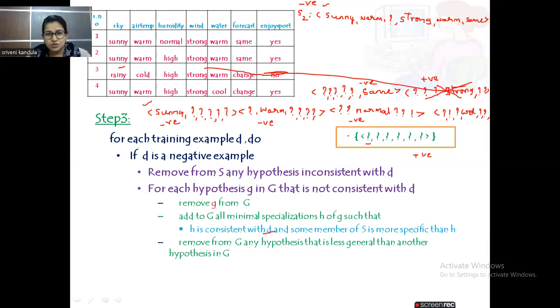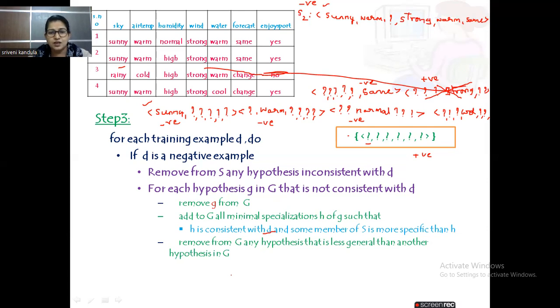Okay. So now what we should do? Again, coming to the specific hypothesis. Remove from S any hypothesis inconsistent with the example. Okay, so now let us see how many of these hypotheses are correctly classifying the other examples as well.